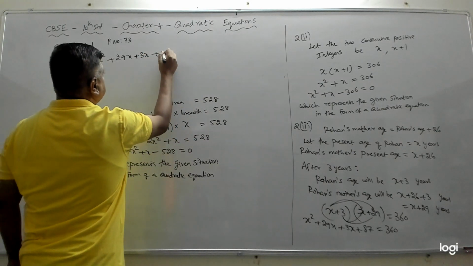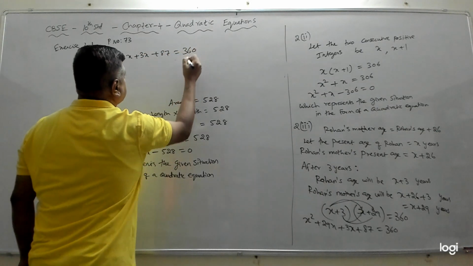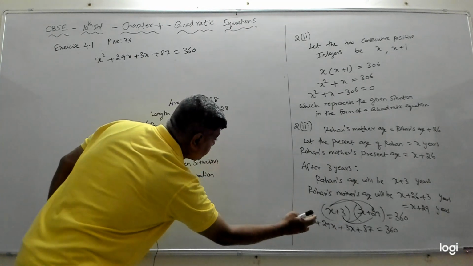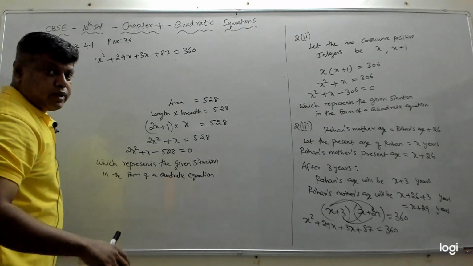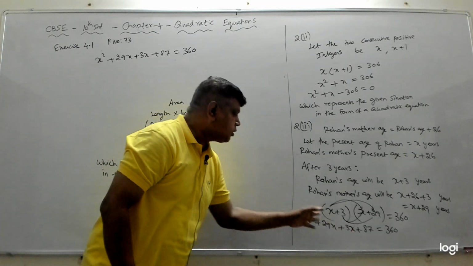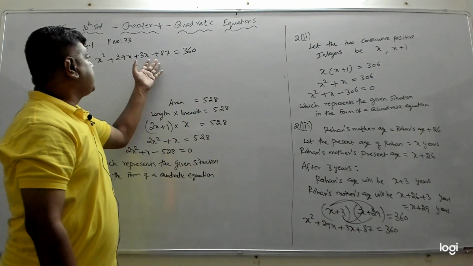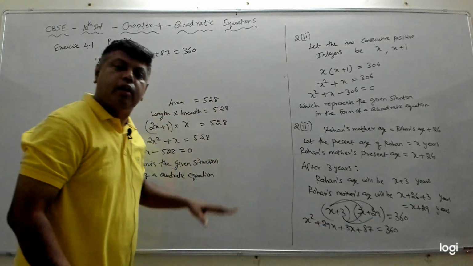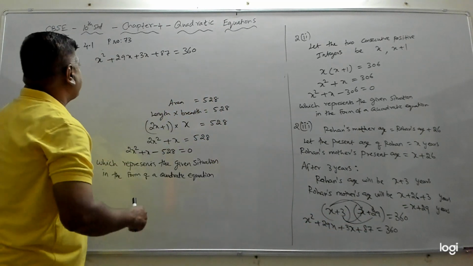I'm just writing as it is: x square plus 29x plus 3x plus 87 equal to 360. I have written it properly, because sometimes when you copy from here and write it there, you make mistakes. I made many mistakes when I was a small boy. I might put minus 3x instead of plus 3x, or leave out a term, like missing 87, and then the entire problem will become wrong. So we have to be careful.